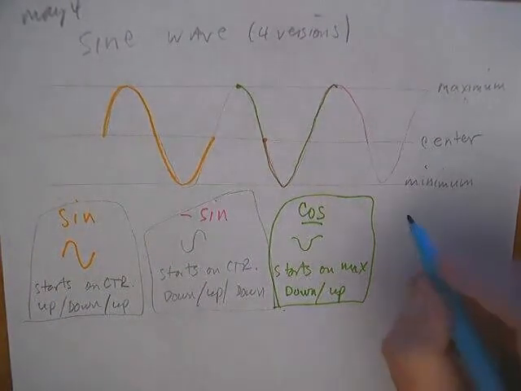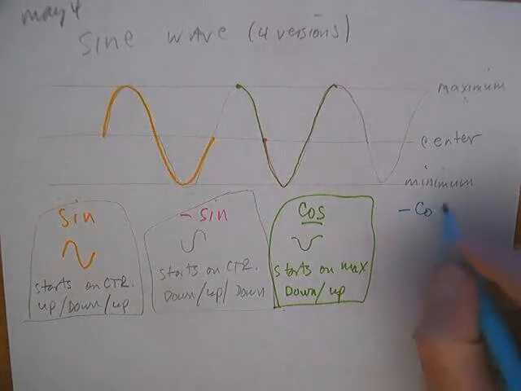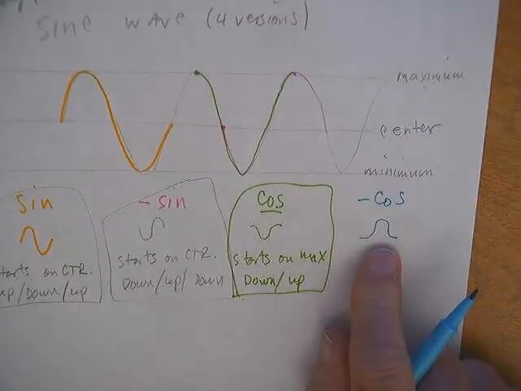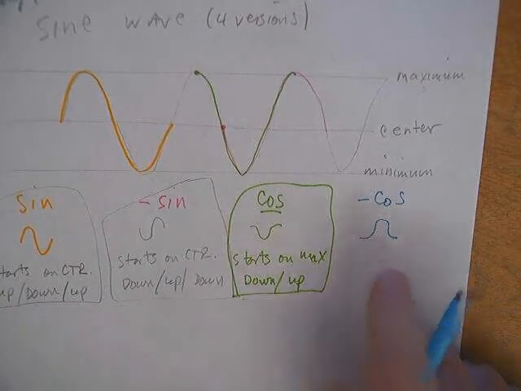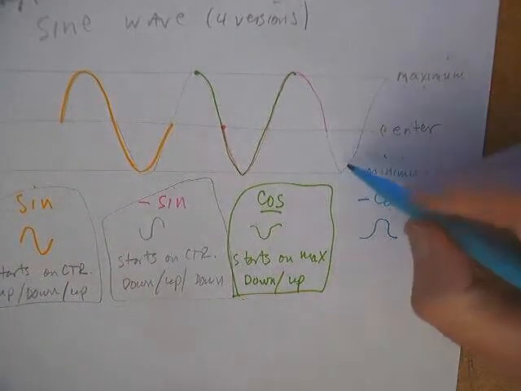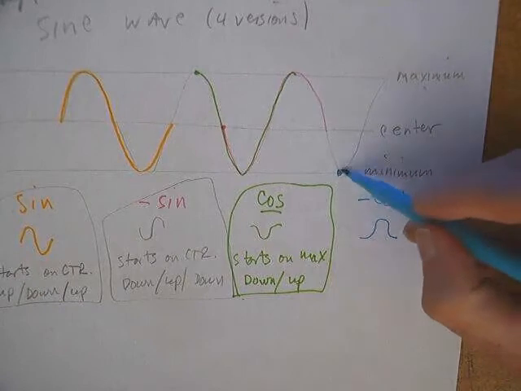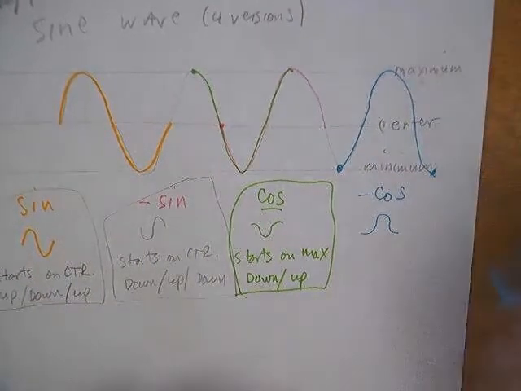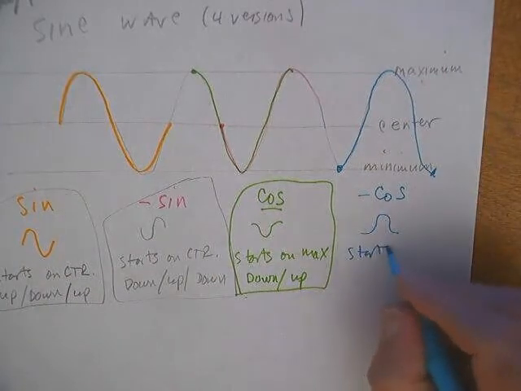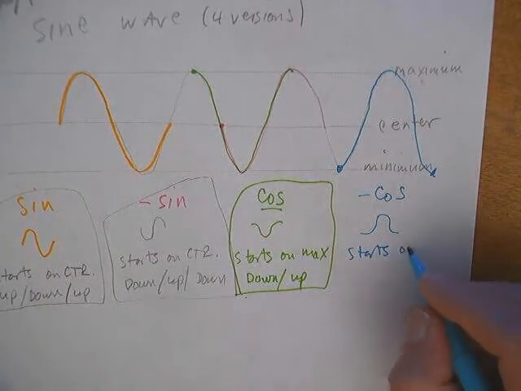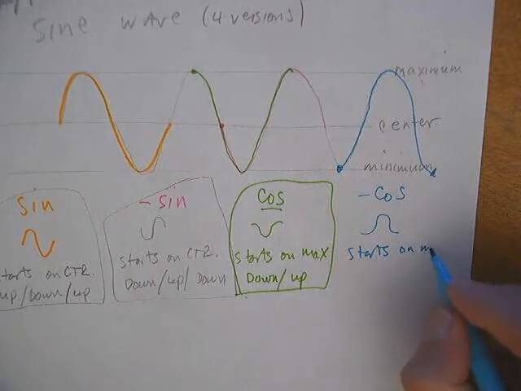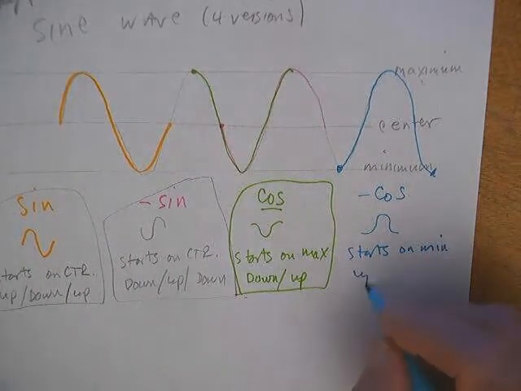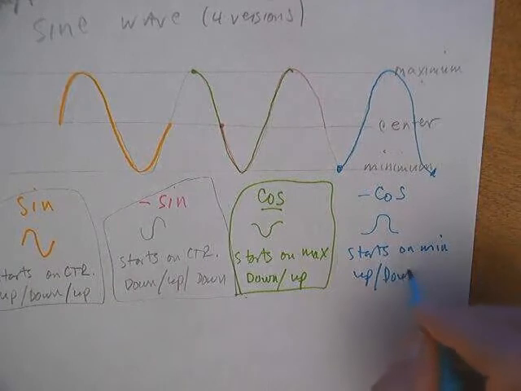And of course, you probably have guessed by now that the negative cosine starts at the bottom. So it might start here and go up, down, up and down. So this one starts on the min, and it goes up and down.